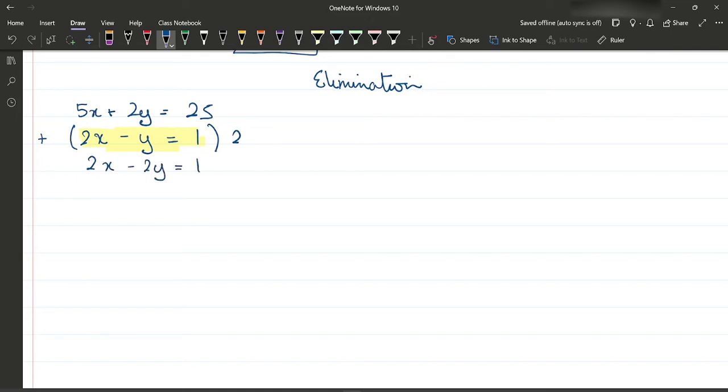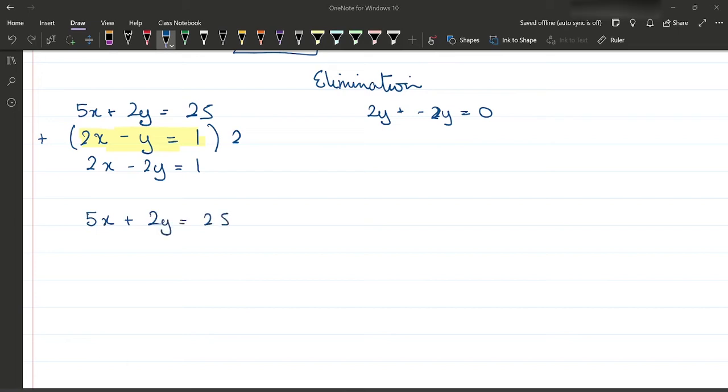And I know that if you add 2y plus minus 2y, that will give me 0. So these will cancel out. That's a good sign. So let's say we've multiplied the second equation by 2, and now let's add these equations.